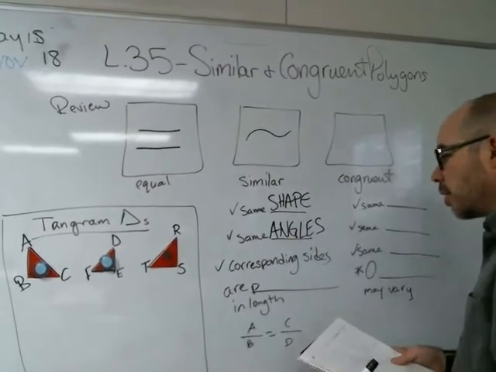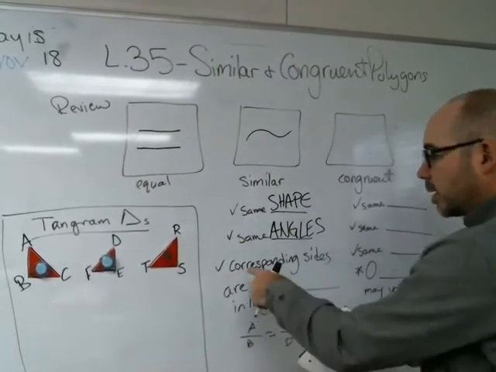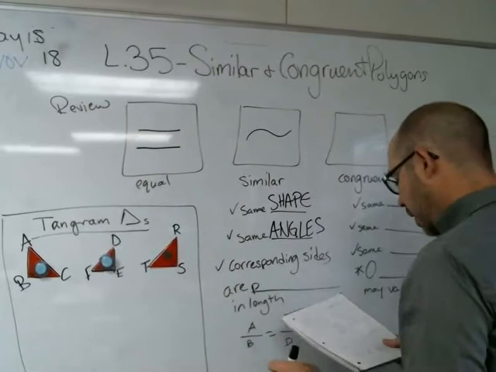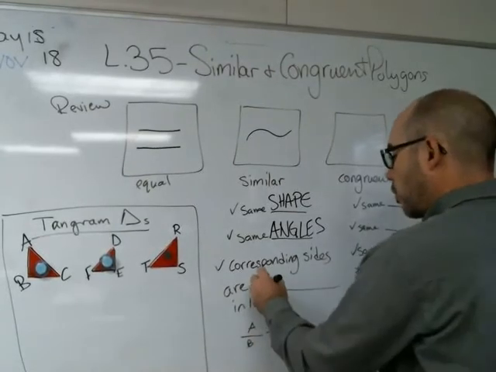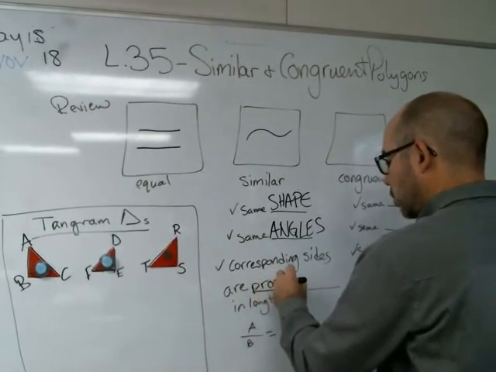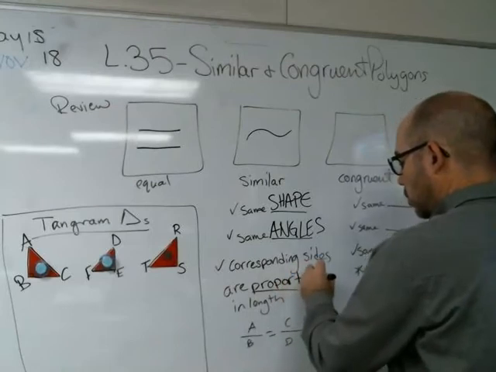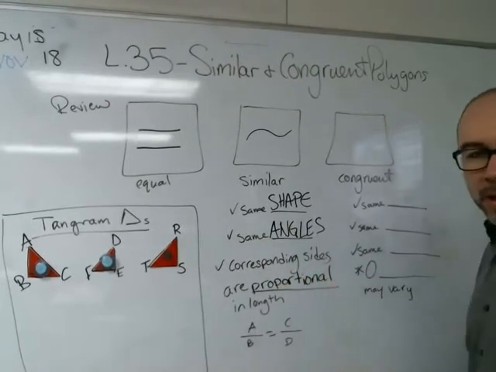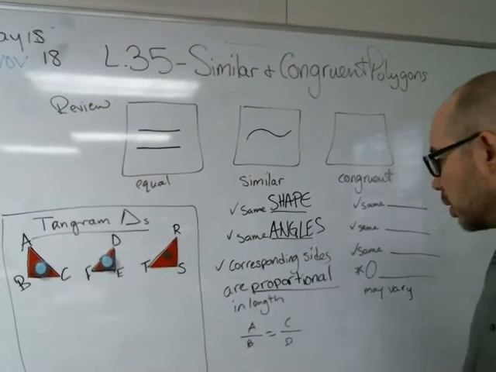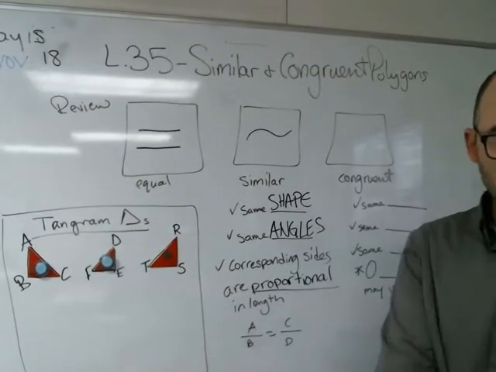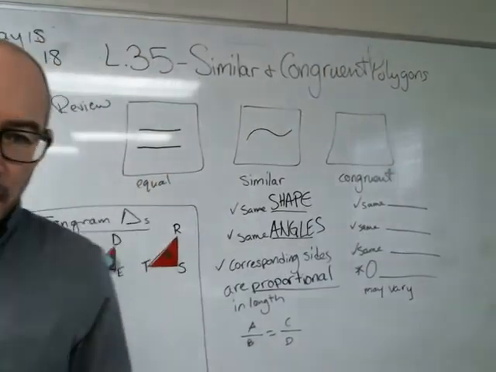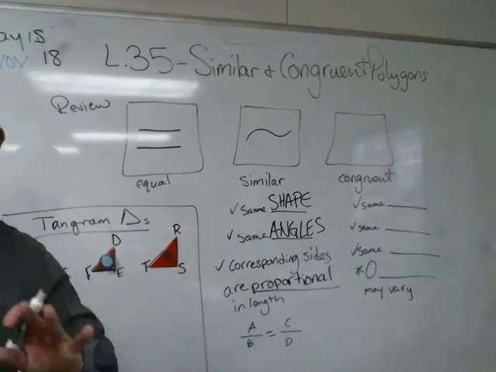The third thing here, though, is pretty important, and this is that they have corresponding sides that are proportional in length. Now, we talked about proportionality yesterday when we did the sticky note math.